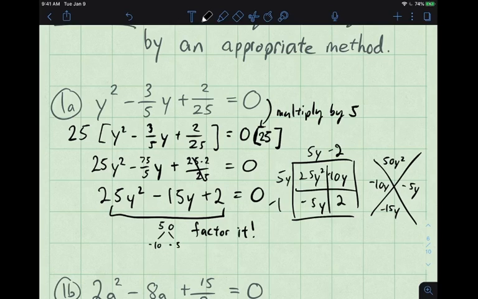There we go. You have 5y minus 2, 5y minus 1 equals 0.